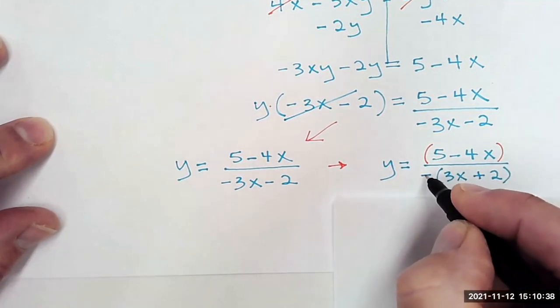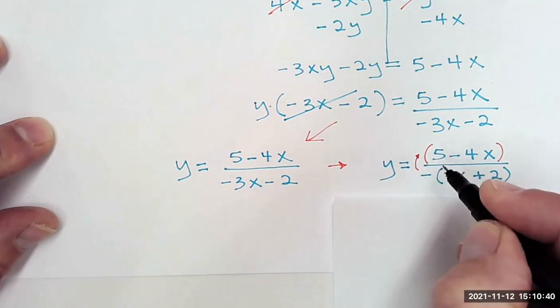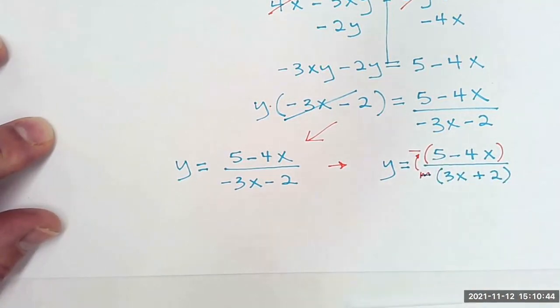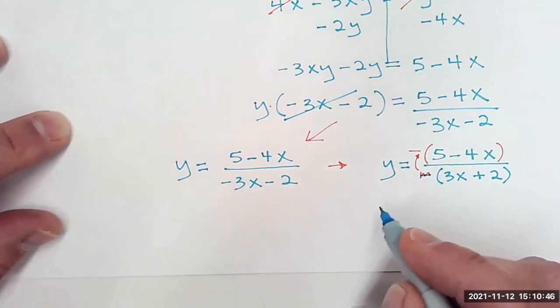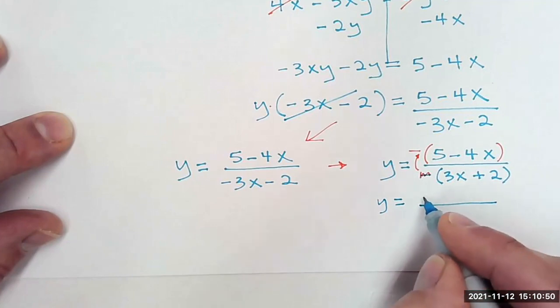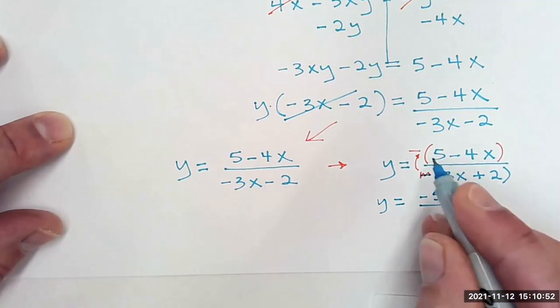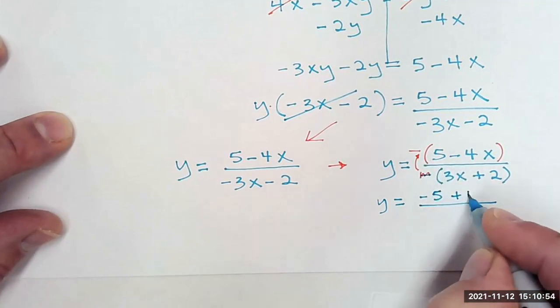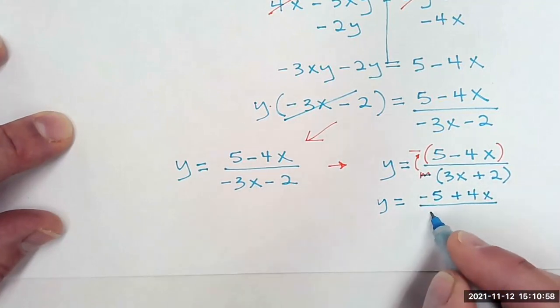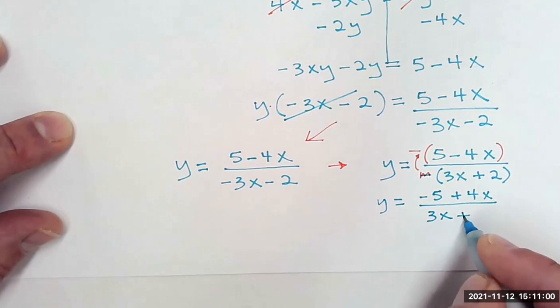So I'm going to take this negative and move it up. And I get y equals a negative 5 plus 4x, or 4x minus 5, all over 3x plus 2.